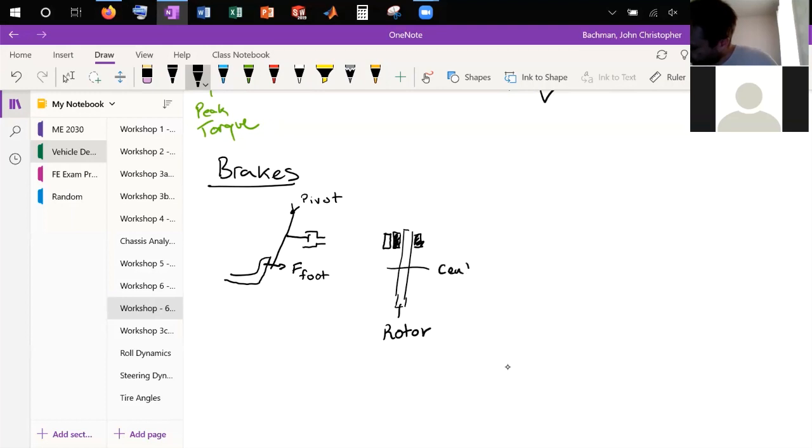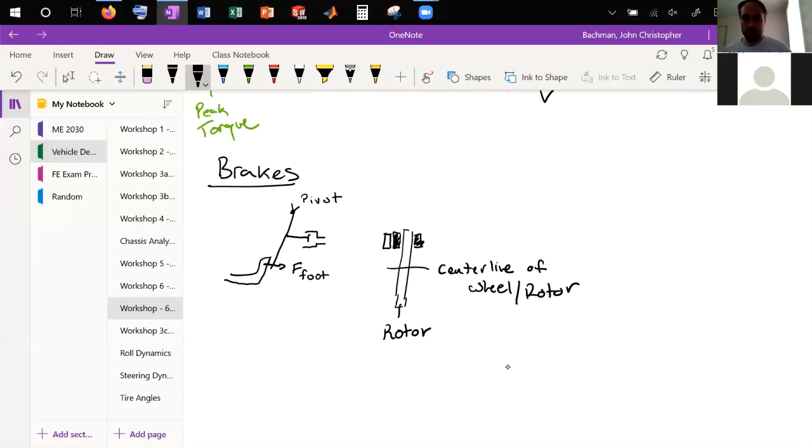This is the center line of the wheel and rotor. This is going to come in here, and this is going to have some fluid inside of here. So your brake fluid, you want this to be pretty incompressible, and that's going to press and slow down this caliper.